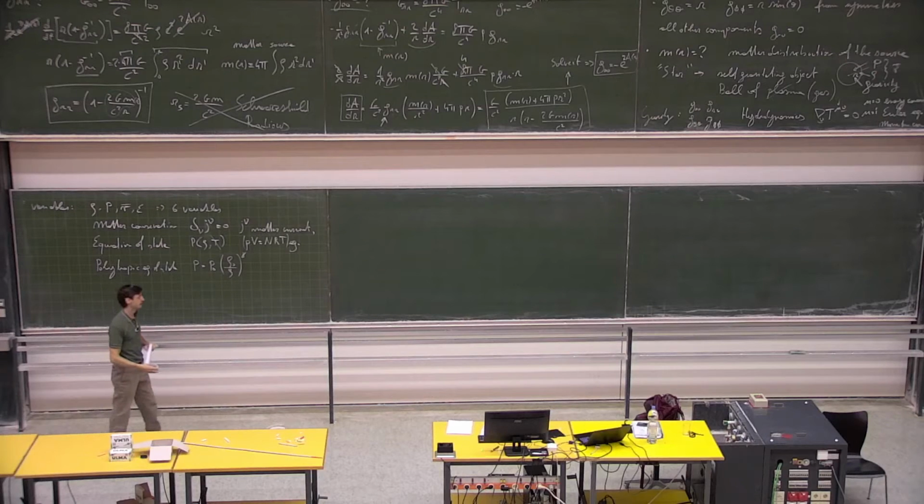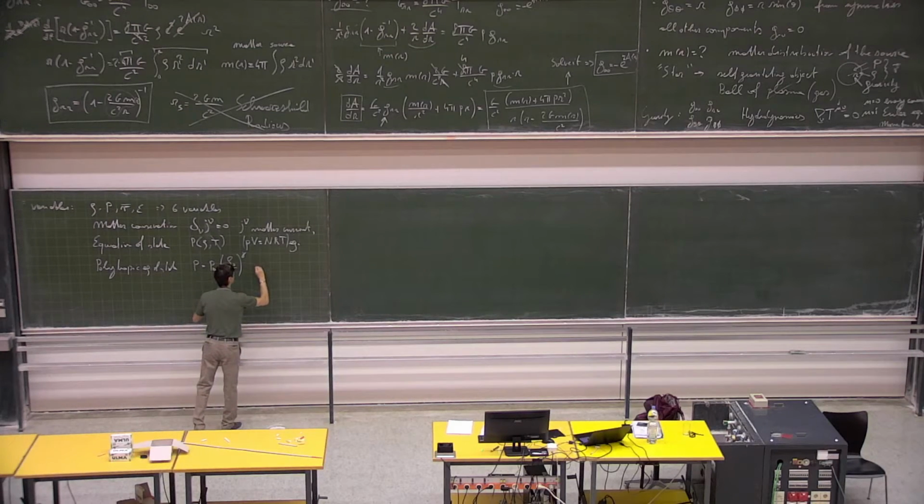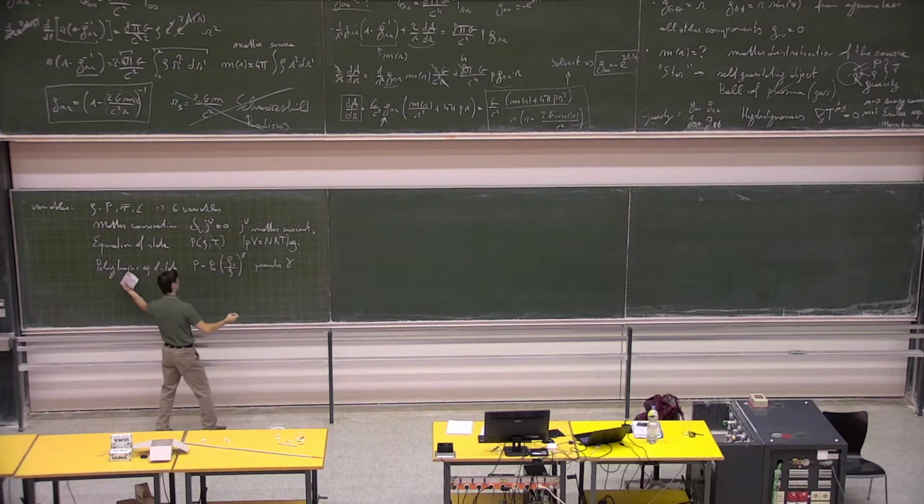So it's parametric, and the parameter γ, which is called the polytropic index, characterizes the material of your object.